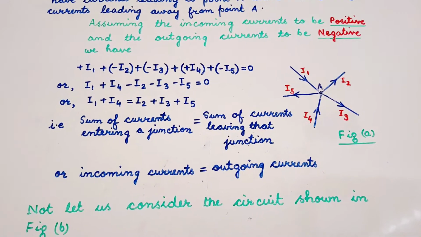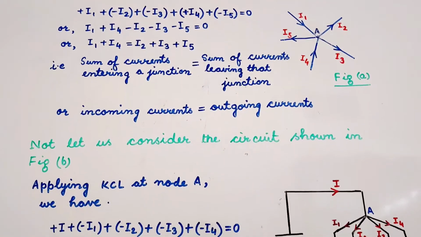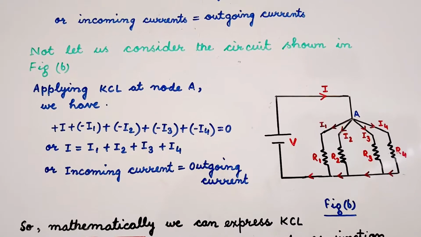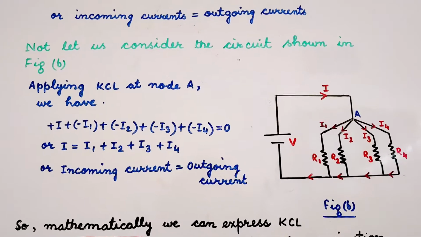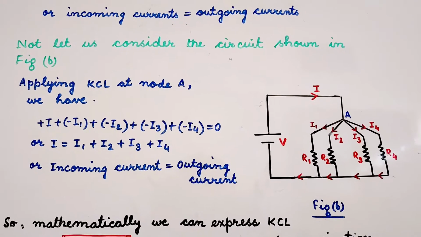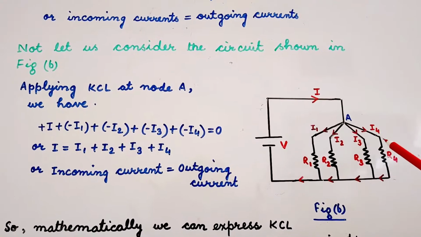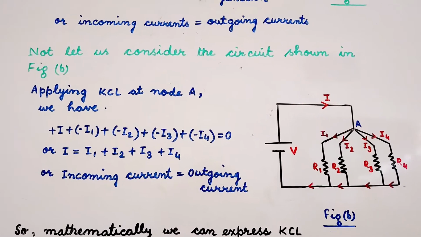Now let us take another circuit shown in figure B. In figure B again we find that there are a few conductors having the currents as shown by the arrow symbol.